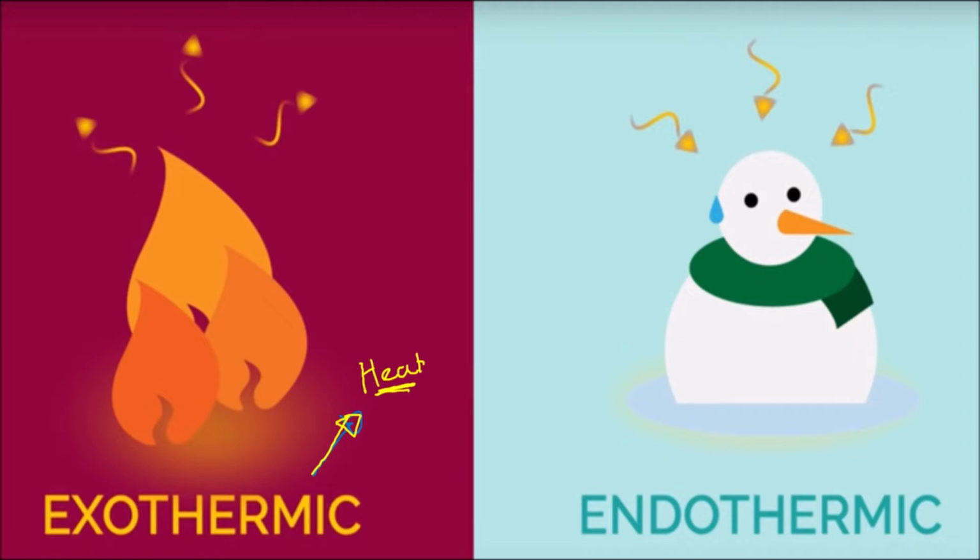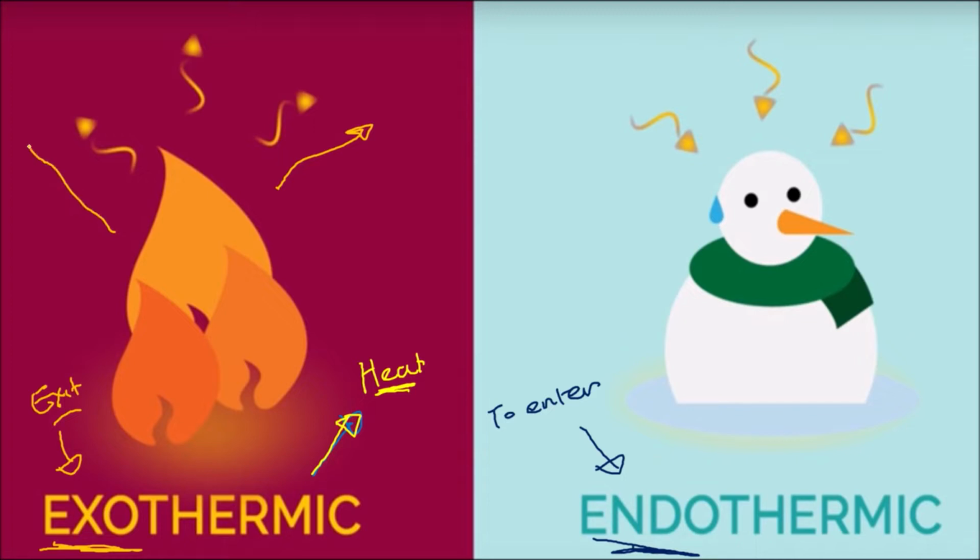When we refer to something as being endothermic, that is to enter, and when we refer to something as exo, that means exit. So when we say exothermic, we mean exiting heat. An example of that is fire. When fire is ignited, heat is being displaced into the surroundings.